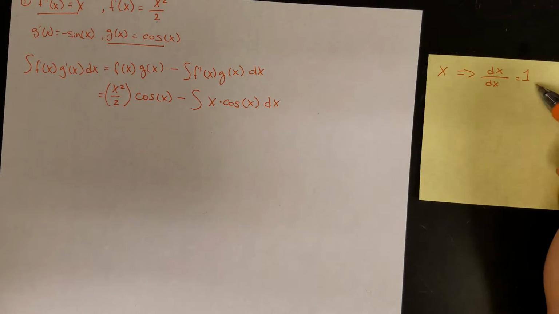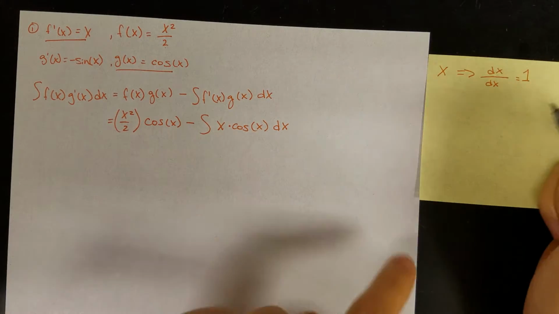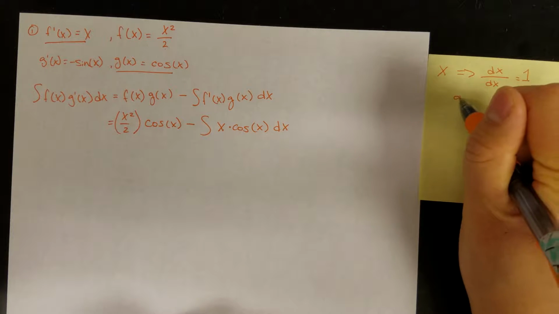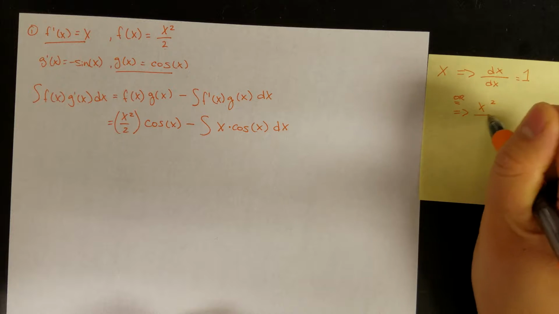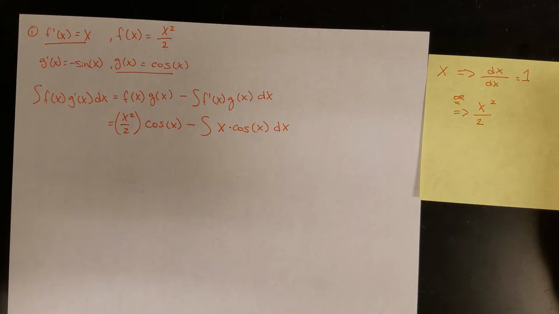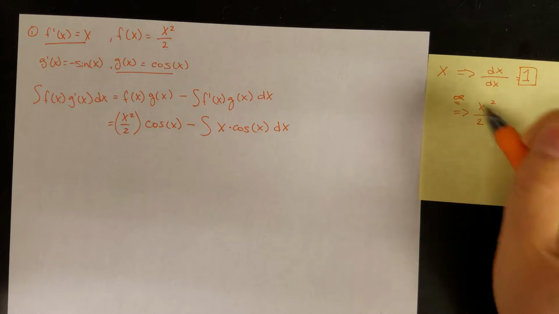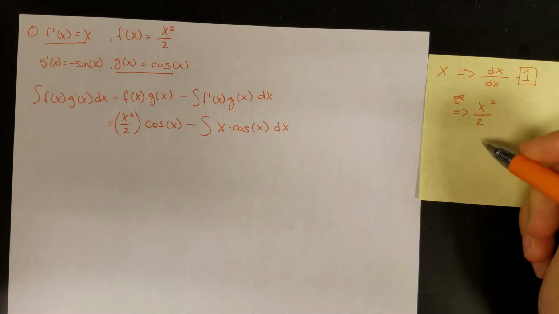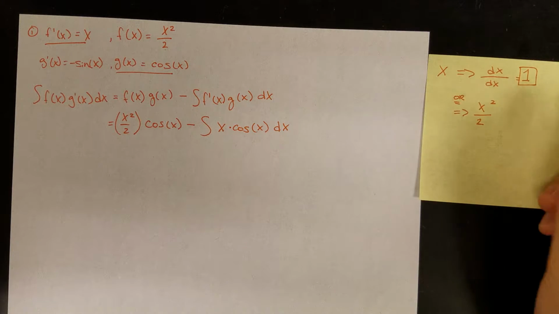So this is the derivative of x, but the integral of x, which we found from before, is x squared over 2. So we can see right off the bat that the derivative is a lot simpler, because the integral became a fraction and the power went up 1.